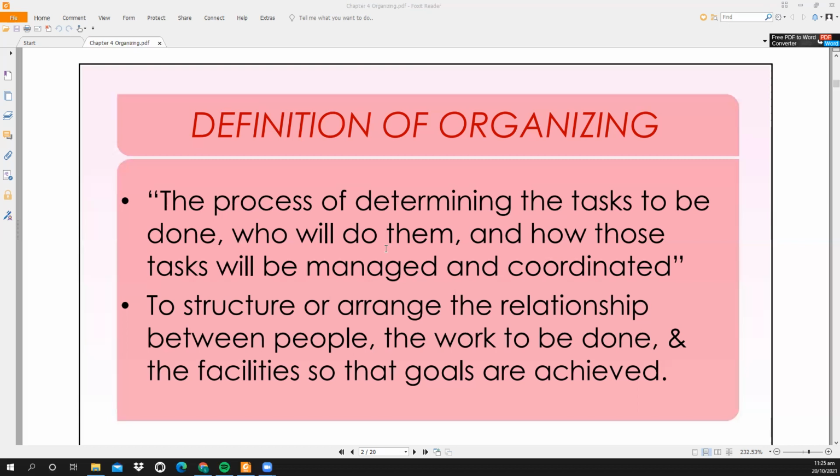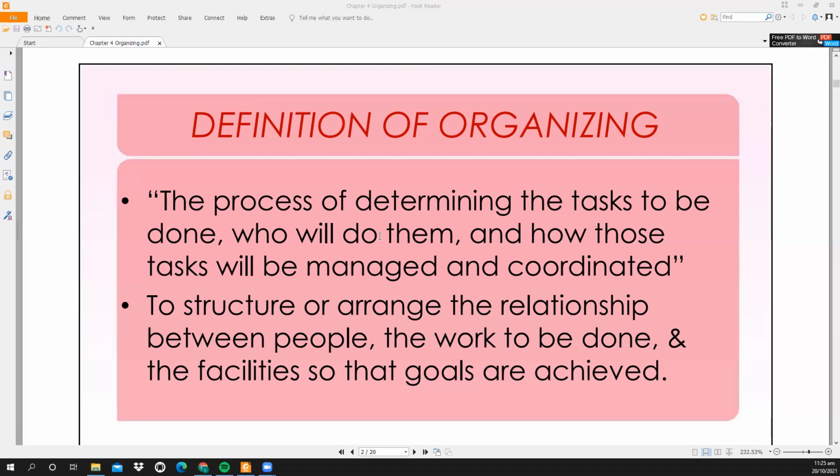Organizing can also be thought of as the identification and classification of required activities necessary for the accomplishment of the objectives of the organization, and also the grouping of the activities identified.